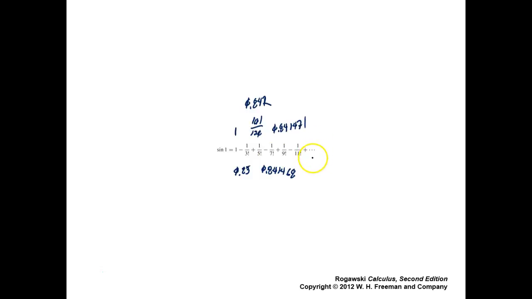Subtract 1 over 11 factorial. Stops there? 0, 9, 8. Okay. And the last was 7, 1. So we're almost to the limit now. I mean, and that's just a few terms.